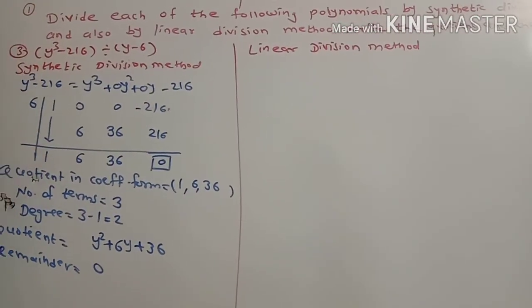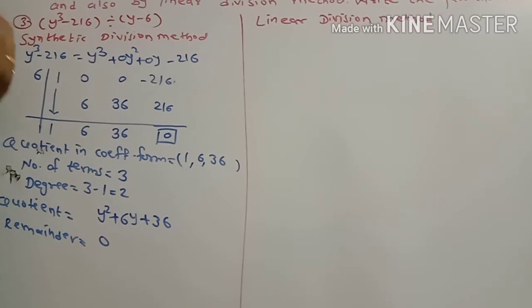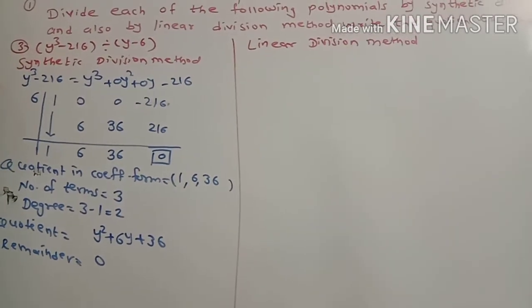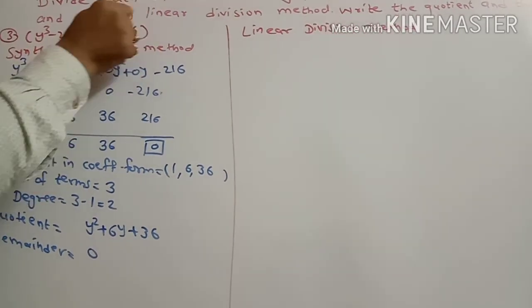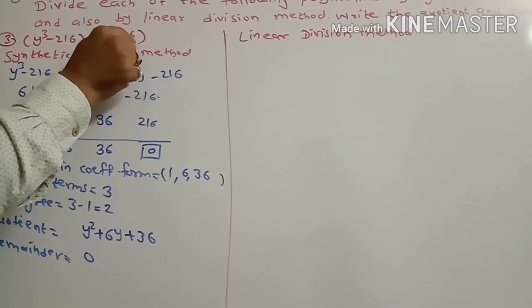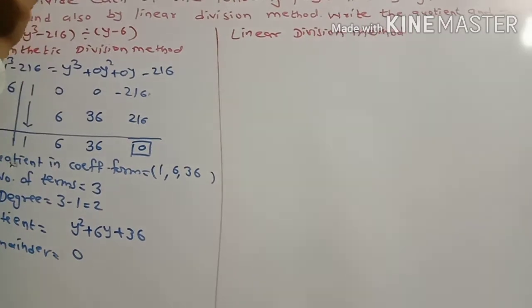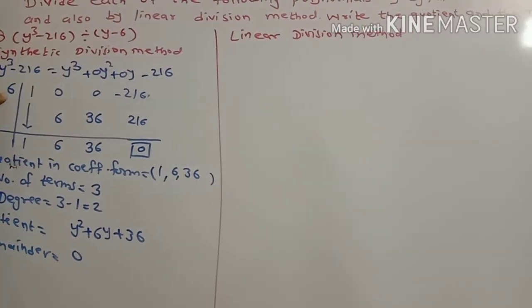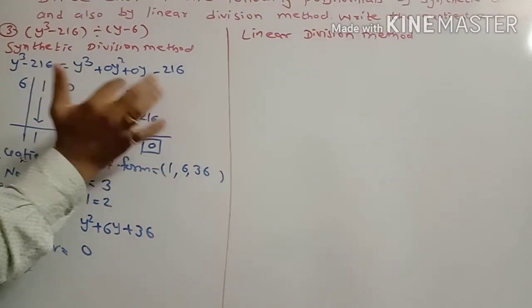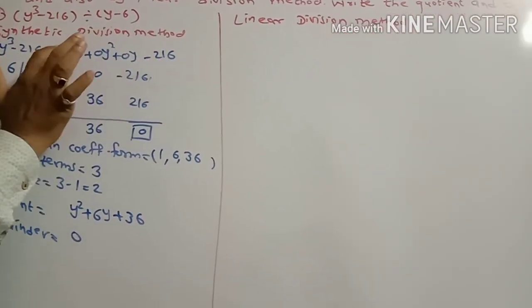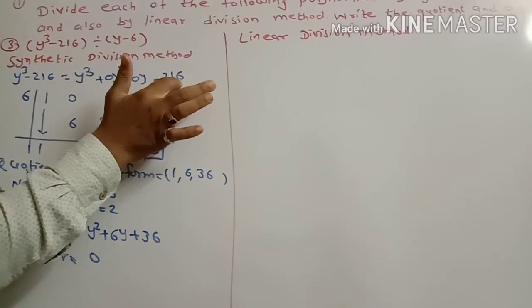Then draw a vertical line and a horizontal line. To the left of the vertical line, write the opposite of the constant term of the divisor. Here minus 6 is the constant term, therefore the opposite of minus 6 is plus 6, and write plus 6 to the left of the vertical line. Then to the right of the vertical line in the first row, write the coefficients of the dividend: 1, 0, 0, minus 216.